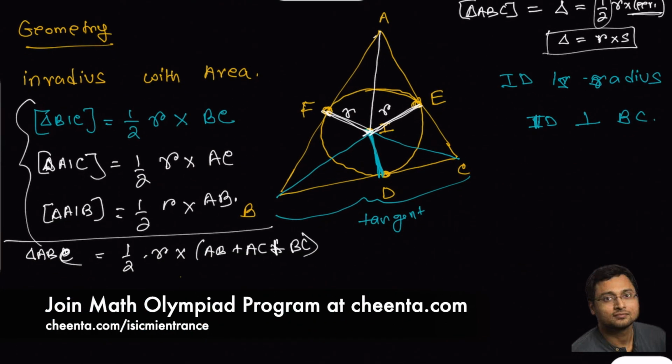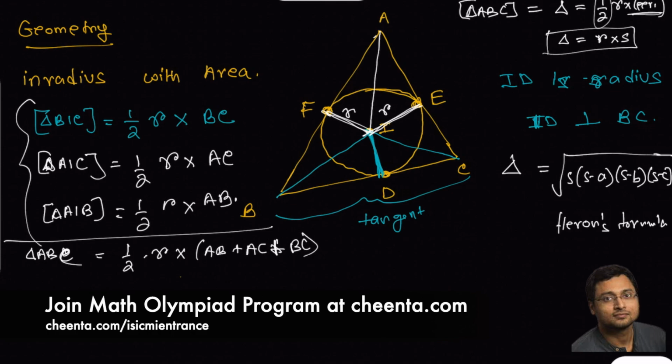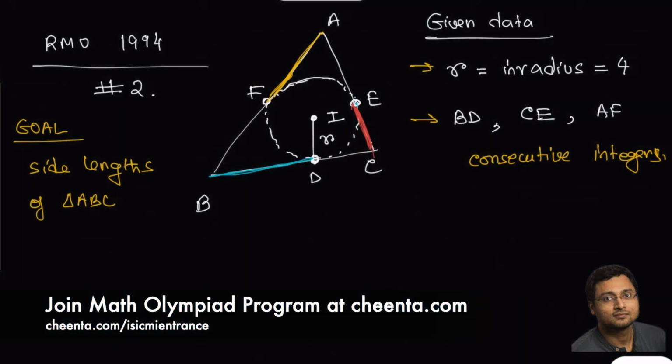This is a standard formula that we will be using. There is another formula for area, delta, given by the square root of s times s minus a, s minus b, s minus c. It's sometimes known as Heron's formula. So we will be using these two formulas of area in the context of this particular triangle and this problem.